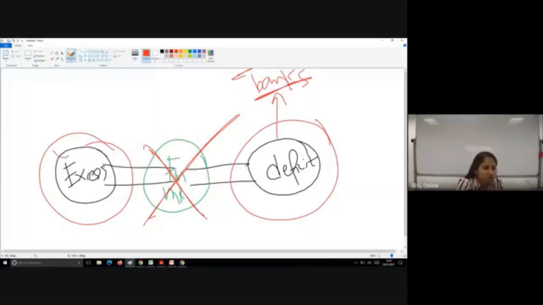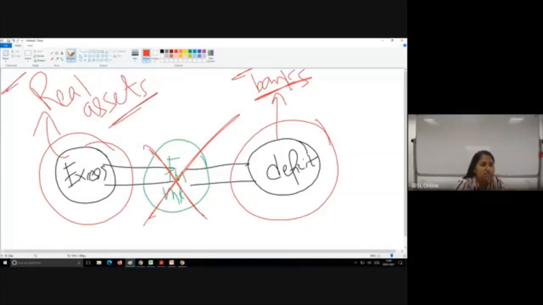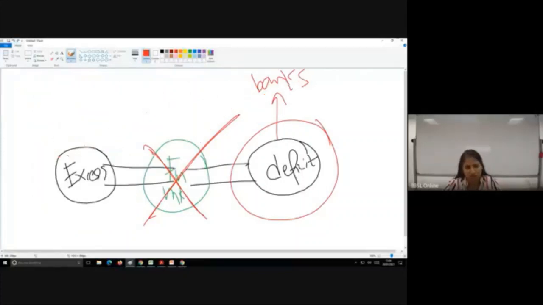For the excess unit holder again, there is no way to earn a higher return or maximize wealth. So what do they do? They go and invest in real assets. What are real assets? Assets whose value appreciates over time, such as land, gold, okay? They can invest in those kind of assets.